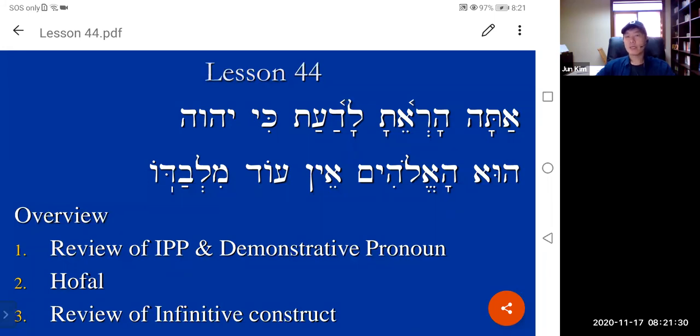But Hofal is also passive, the passive form of Hifil. Oh no, I got confused. I meant the Niphal stem. So we are already familiar with the Niphal stem. So Hofal is the passive form of Hifil.